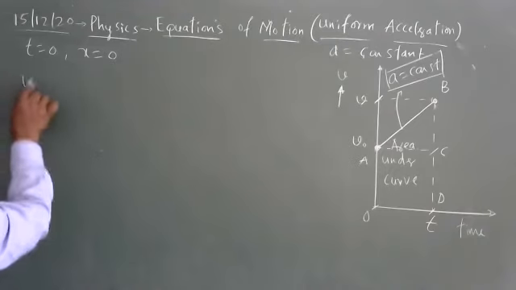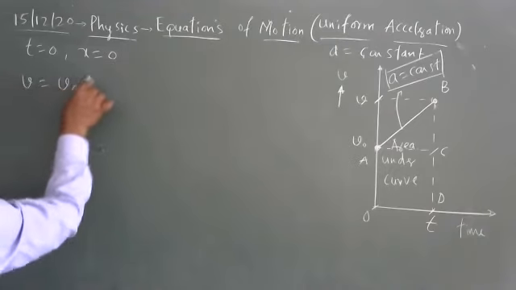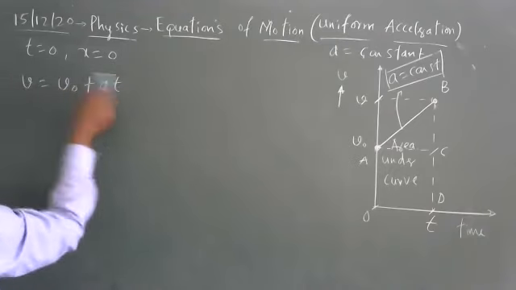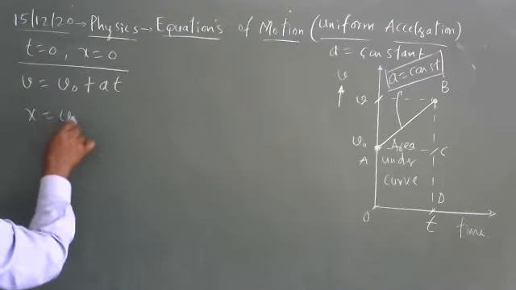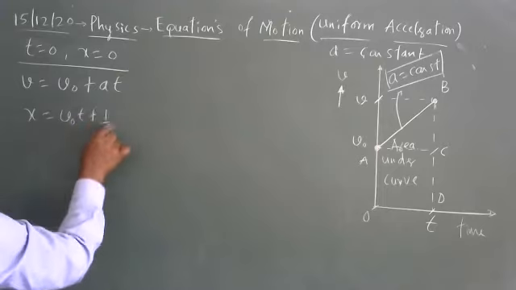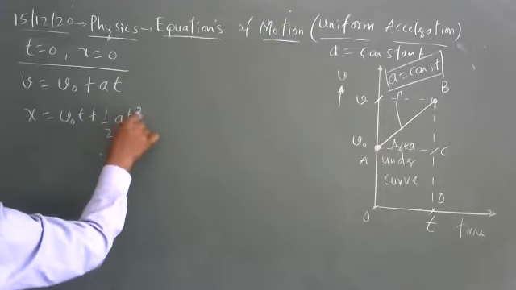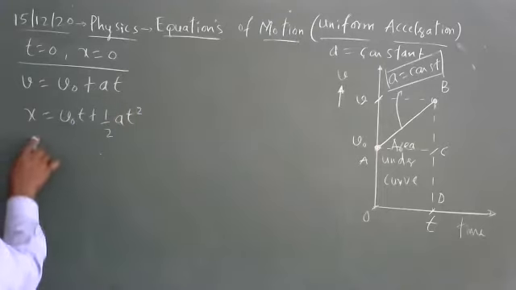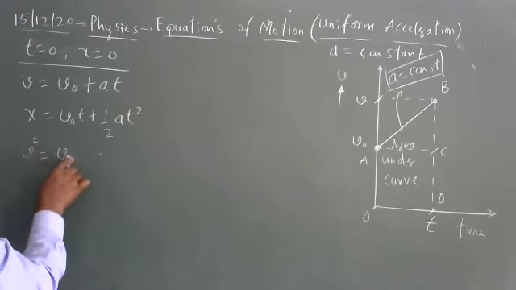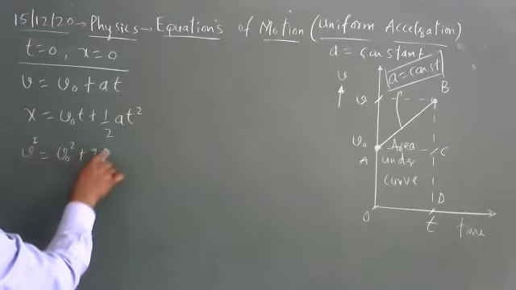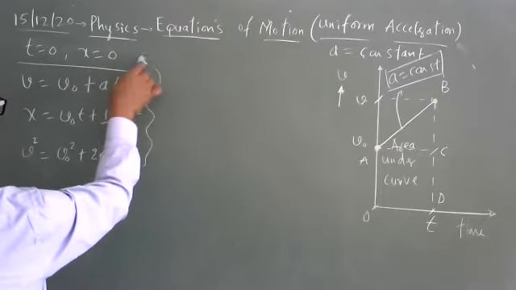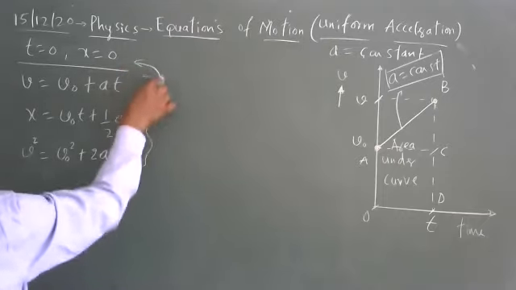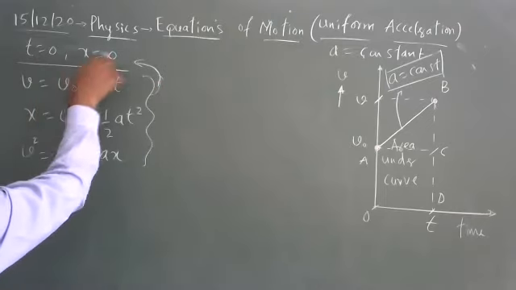The equations of motion are final velocity equal to initial velocity plus acceleration into time. Next, displacement equal to initial velocity into time plus half at square. And the third, final velocity square equal to initial velocity square plus 2 times acceleration into displacement. All these three relations were derived under the condition that when time was 0, displacement was 0.